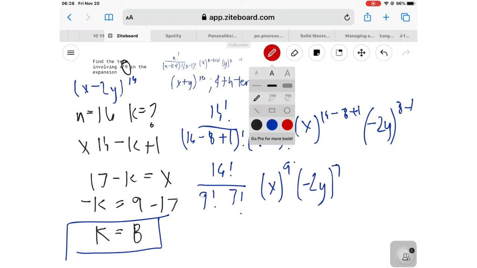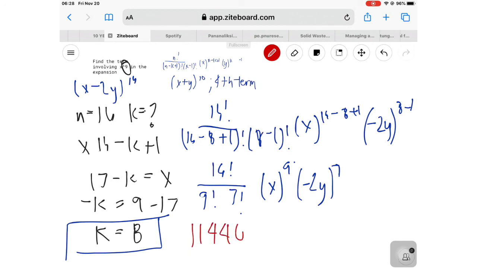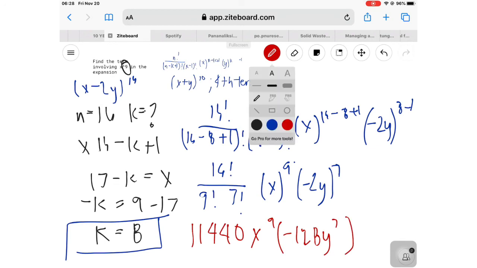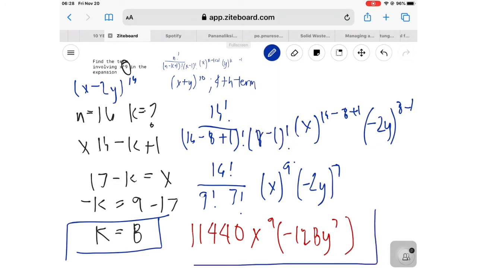So, magiging 11,440 x raised to 9. Tapos ito magiging negative 128 y raised to 7. So, ganun lang siya kasimple. Kapag nawawala lang si k, ito lang yung gagamitin na formula. And proceed dun sa pinaka-formula natin.